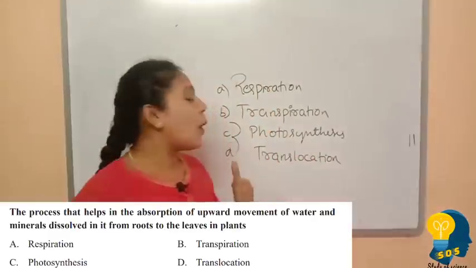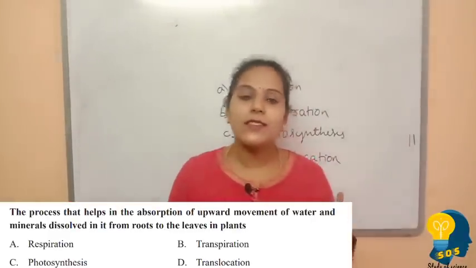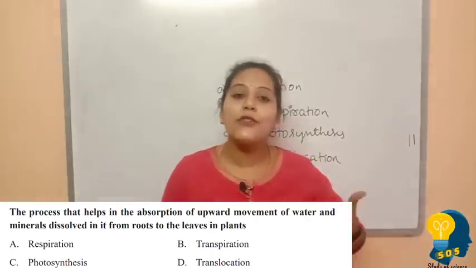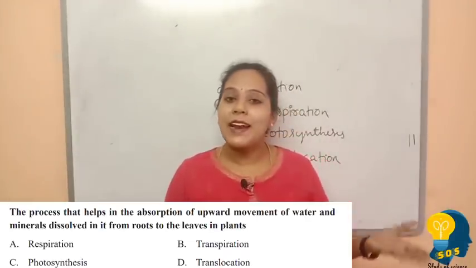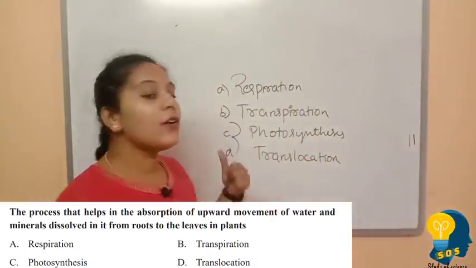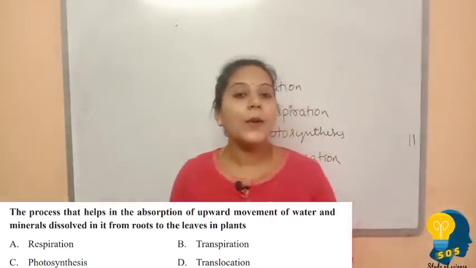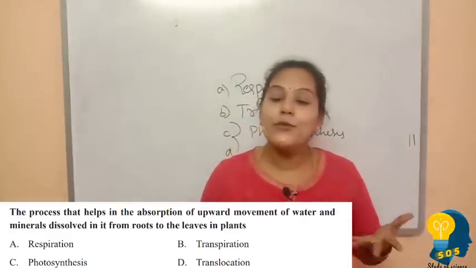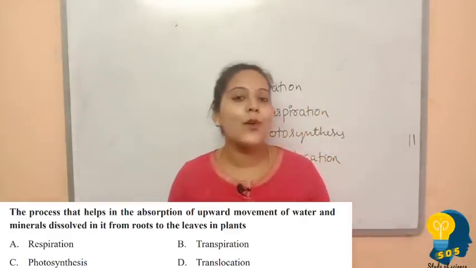Photosynthesis, as I told you, is the process of preparation of food in the presence of sunlight, carbon dioxide, minerals and so on. And translocation is transportation of food, and it takes place in the phloem.